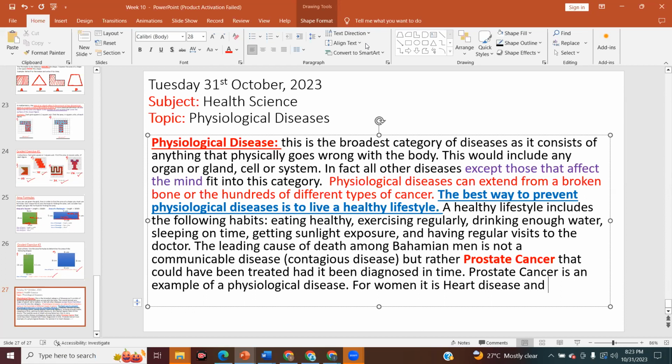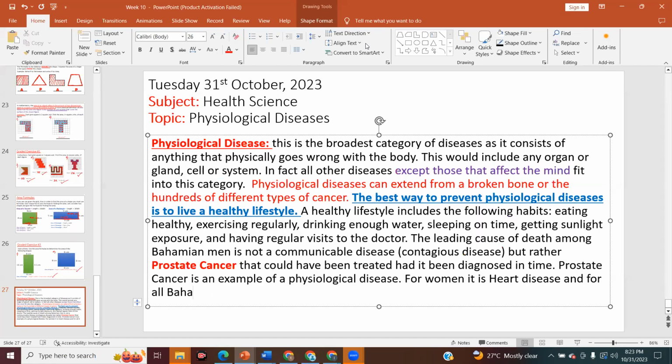And for all Bahamians, it is complicated by the high rates of diabetes.